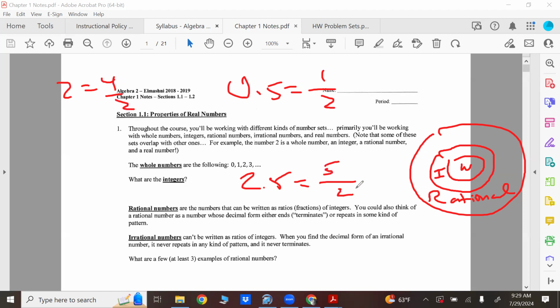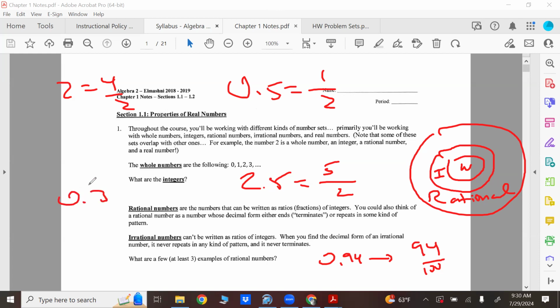5 over 2, right? So any decimal, as long as it terminates or repeats itself, right? So that terminates, because it ends, it doesn't go on forever. That could be written as a fraction. Heck, if I do 0.94, maybe this is not terribly obvious, but 94 over 100, because you have two digits after the decimal point. Or how about 0.3 repeating?